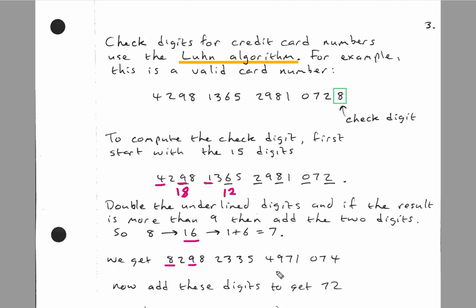So this 8 turns into a 7. All right, so that's the first part. We get a new 15-digit number, and then we add up all those digits. So 8 plus 2 plus 9 plus 8, add those all together. In this case, you get 72.